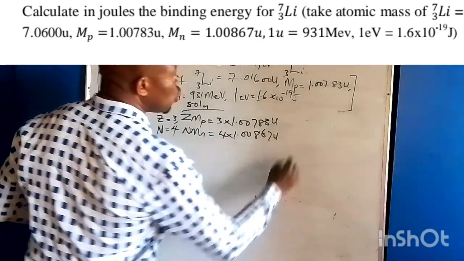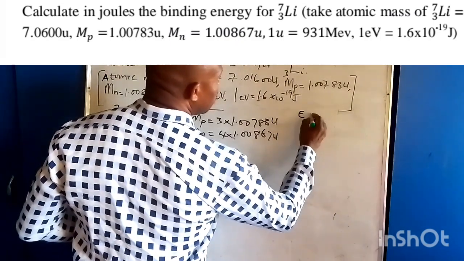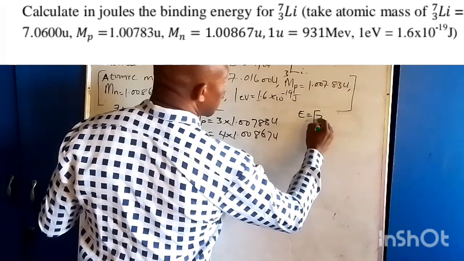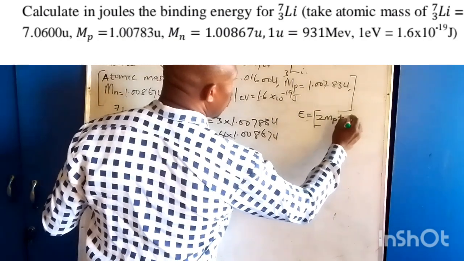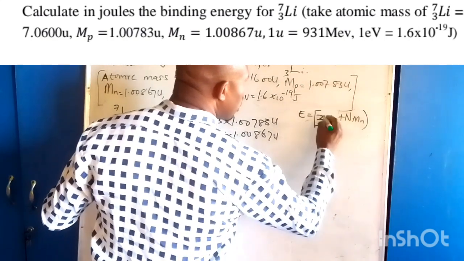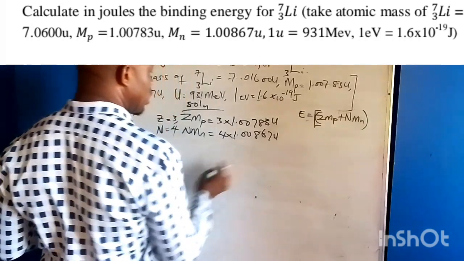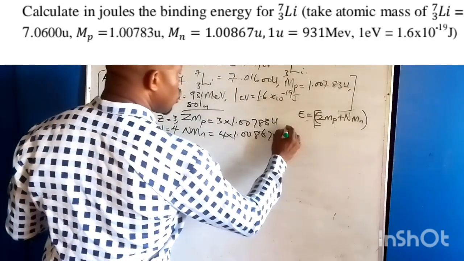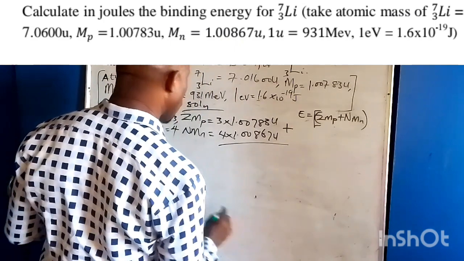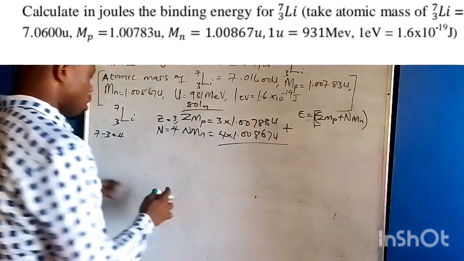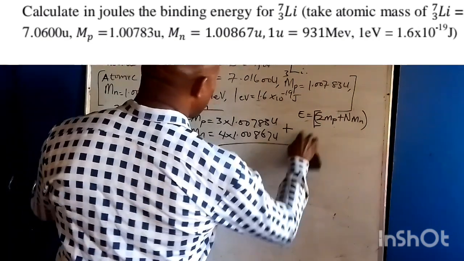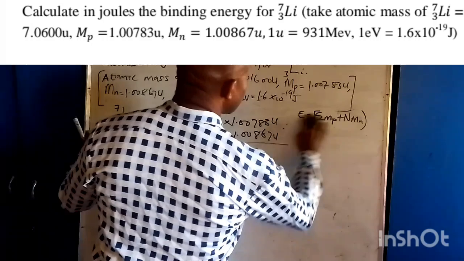Having done this, remember our formula: binding energy is ZMp plus NMn. So all we need to do is add. Sorry, we have not even multiplied yet. All we need to do is multiply these values.